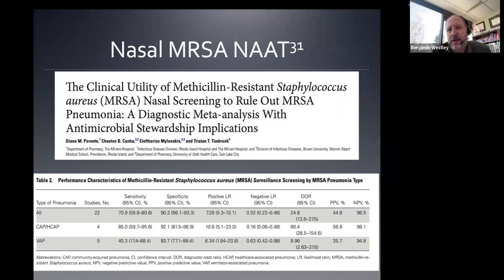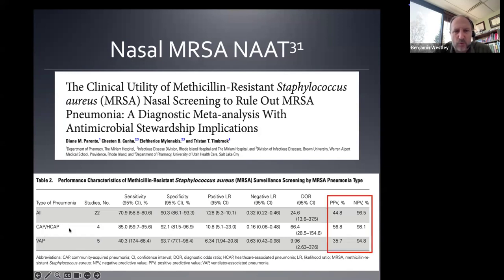Now here's the most cited paper on nasal MRSA nucleic acid amplification tests for stopping MRSA therapy very early in the treatment of pneumonia. This is from Brown, where I did my fellowship.